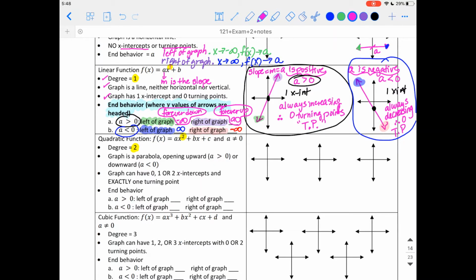Okay, so let's do some graphs here for if a is greater than 0. So if a is greater than 0, I can have a parabola looking like this. And let's analyze it. Let's look at the x-intercepts and the turning points. So it has 2 x-intercepts.